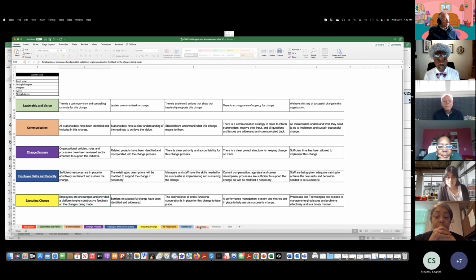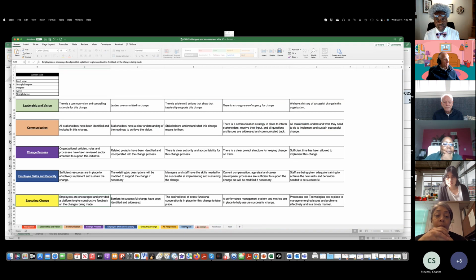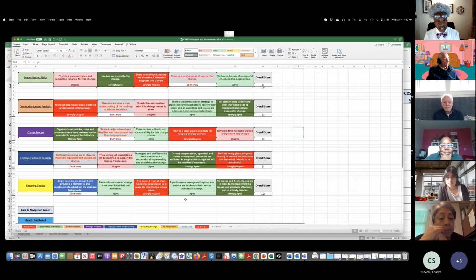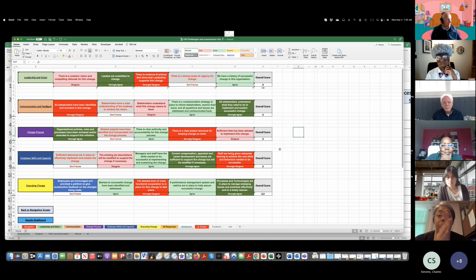Is this a summary of those, or will these be all individual responses? Will this be collapsed into one document as a summary? That's an excellent question. When it came to the people assessment tool, it was meant to be a survey that would go to individuals.